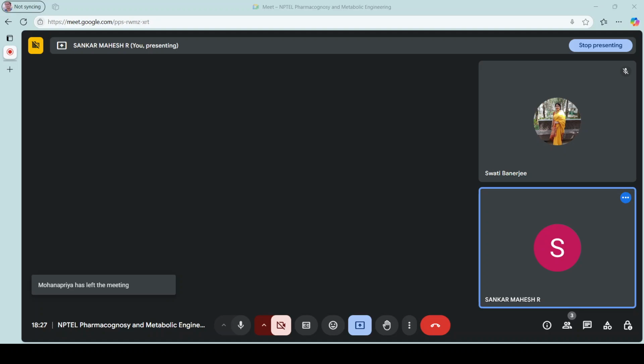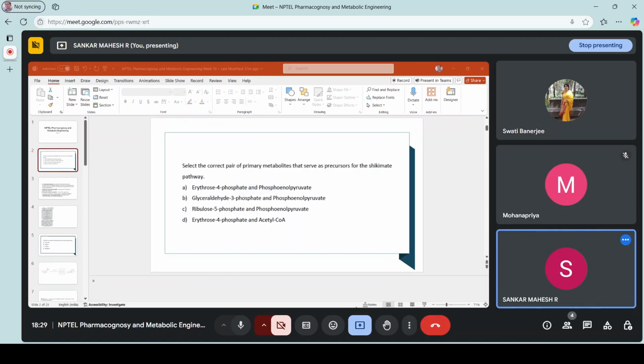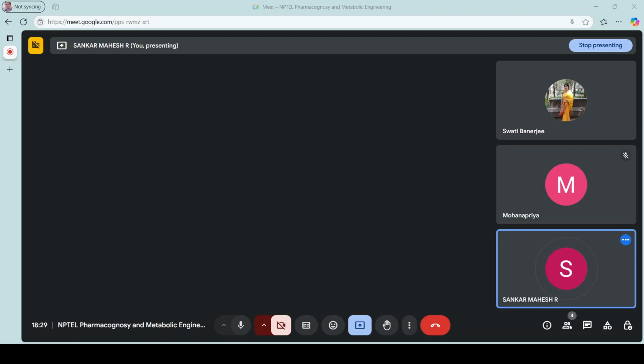It produces finally the amino acids phenylalanine and tyrosine. Right. It produces the aromatic amino acids, phenylalanine, tyrosine, and does it produce tryptophan as well? It produces tryptophan as well. Right.